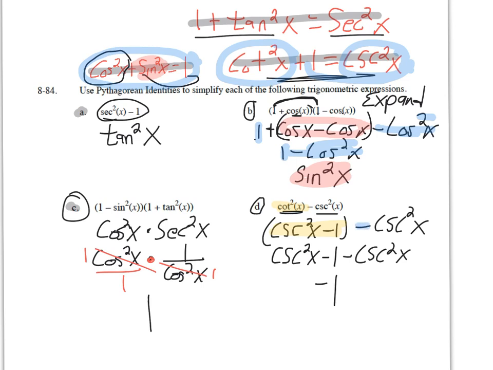Then I still have this minus cosecant squared of x. Cosecant squared x minus 1 minus cosecant squared. Well, the 2 cosecant squareds cancel. We're just left with this negative 1.